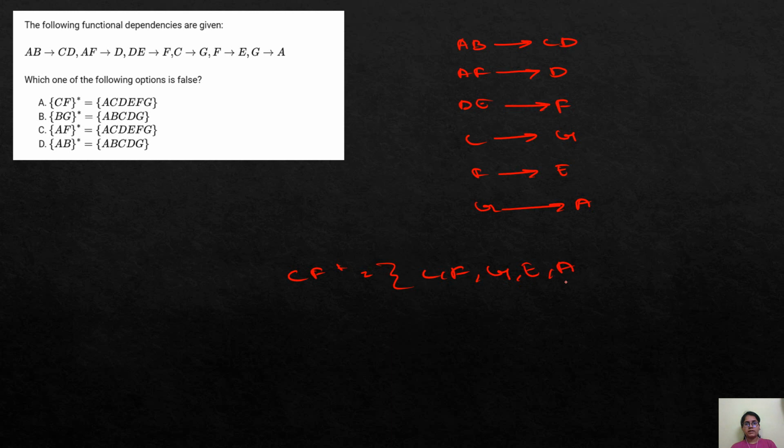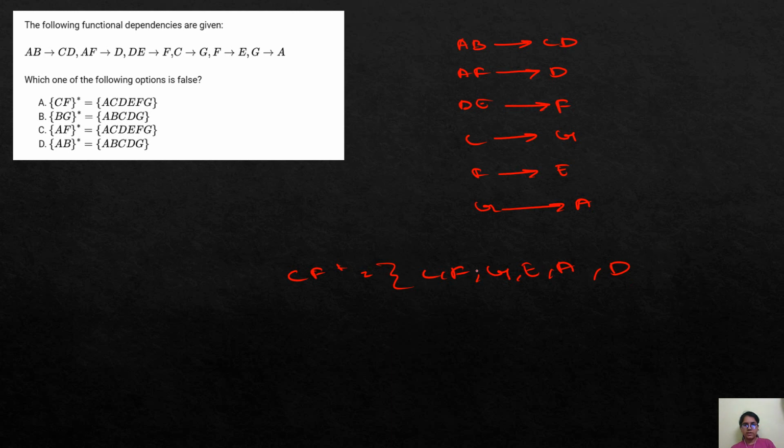And what else can we derive? Yeah, this much only. Can we derive D? Let's check. AB is not present, but A and F are there, so from A and F we can derive D. Yes. Okay, DE: is there anything present?